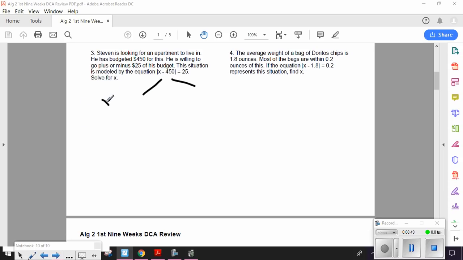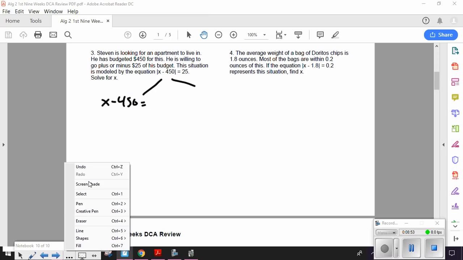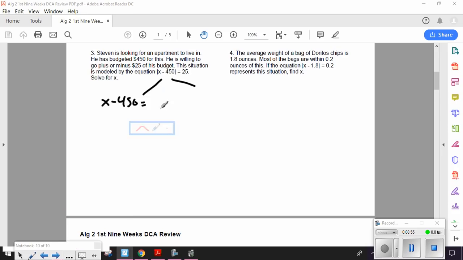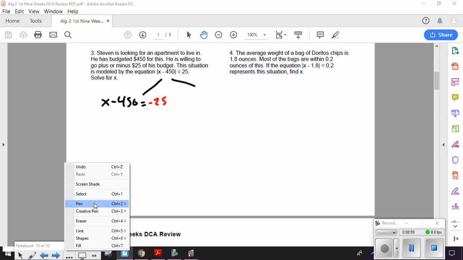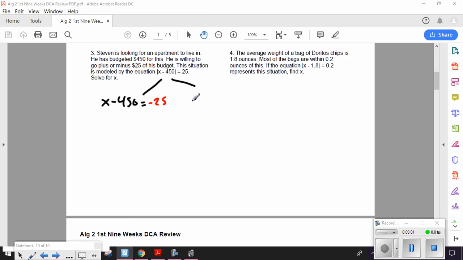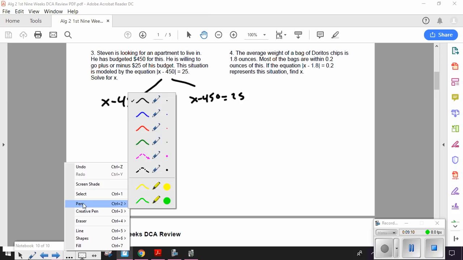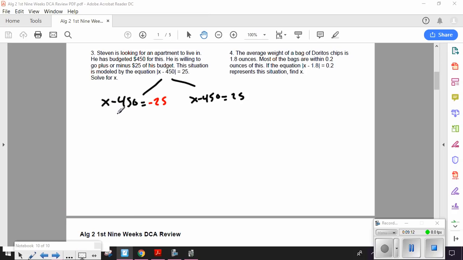So that means x minus 450 equals the opposite outcome, so negative 25, and x minus 450 equals the outcome we see, 25. So in the first equation on the left, I'm going to add 450 to both sides.